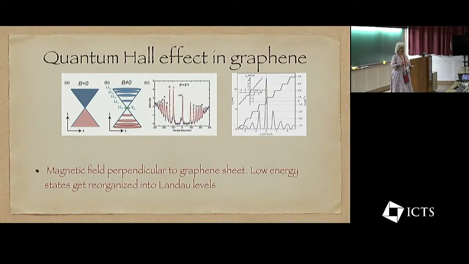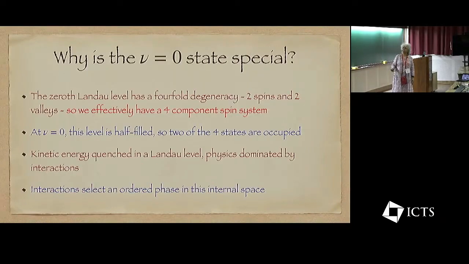For those who are not familiar with the graphene quantum Hall effect, you have a single layer of graphene sheet and you put in a perpendicular magnetic field, and the low energy states get reorganized into Landau levels. What we are interested in here is the 0th Landau level, which has a 4-fold degeneracy: 2 spins and 2 valleys.